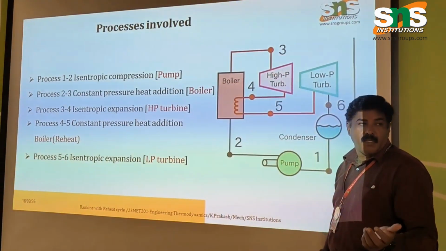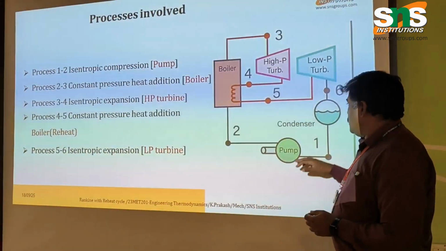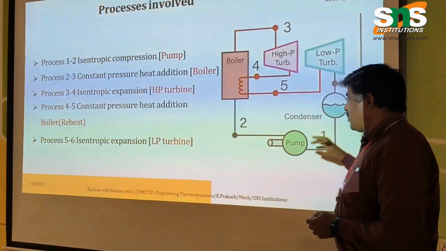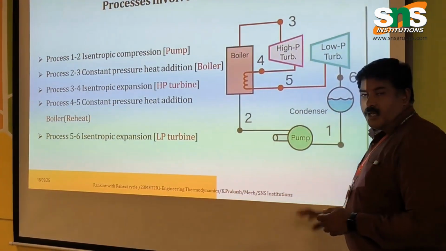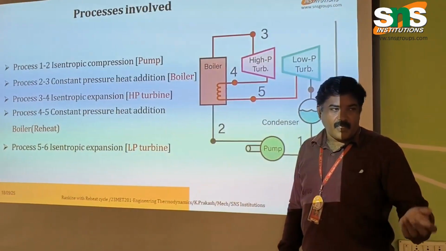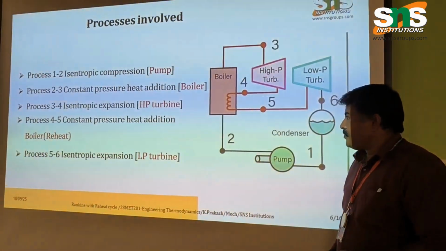Isentropic expansion takes place in the turbine, then in the low pressure turbine there is again constant pressure heat addition and then expansion. So expansion is isentropic, and heat addition and rejection take place at constant pressure.